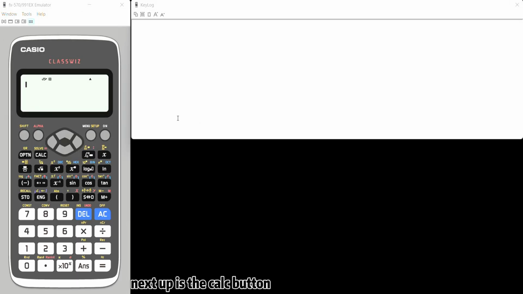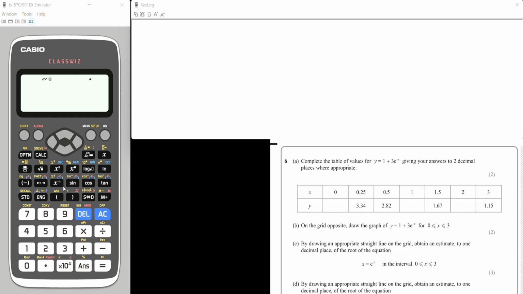So next up is the CALC button, which is the CALC button here. This button is very useful for finding coordinates of a graph. For example, in this paper, it's a further maths paper of 2022 May. Question 6a says complete the table of values for y equals 1 plus 3e to the power of negative x.